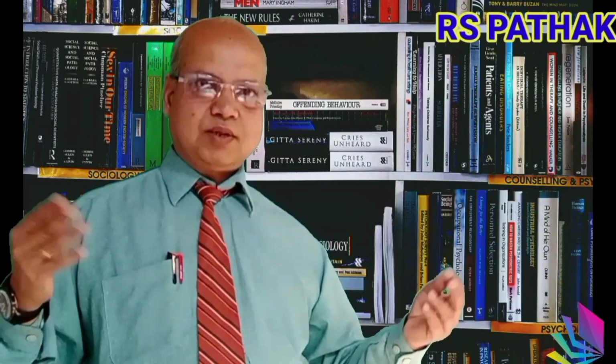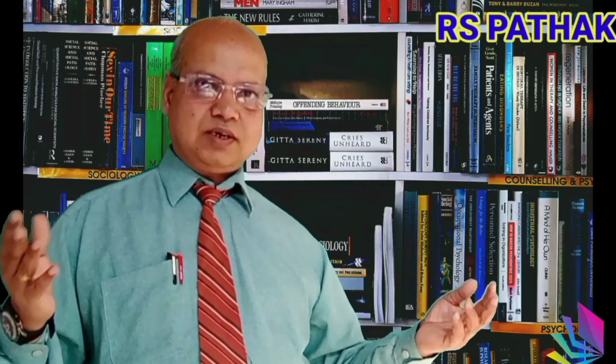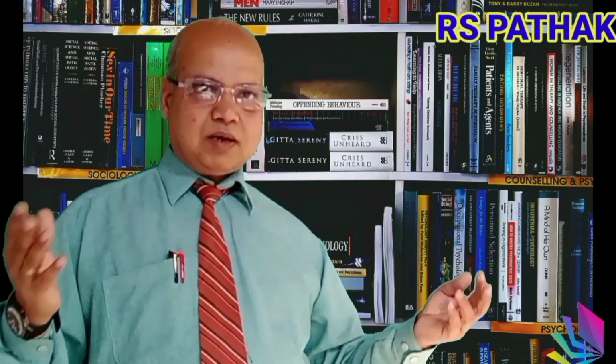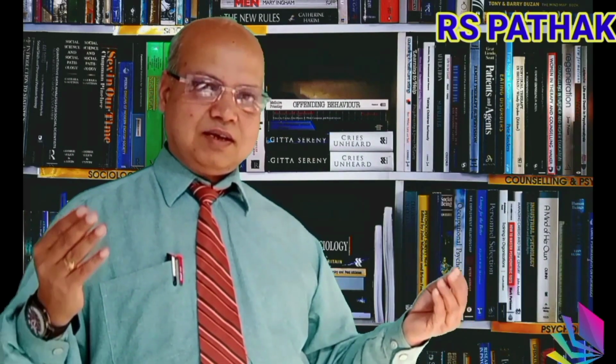Maximum energy gained by positive ions. If v0 and r0 are the maximum velocity and maximum radius of the circular path of the positive ions in a cyclotron, then m v0 square upon r0 equals q v0 B, and the velocity v0 equals q B r0 upon m. Then the maximum kinetic energy will be equal to half m v0 square, which is q square B square r0 square upon 2m.